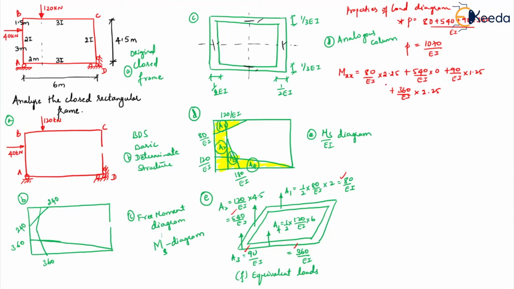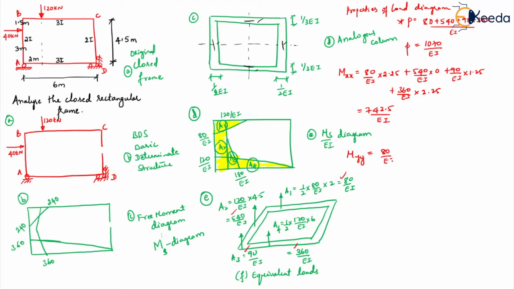What am I doing? The loadings into the distances for the x-axis is what I am doing here. Okay, so that will give you what? 742.5 by EI.